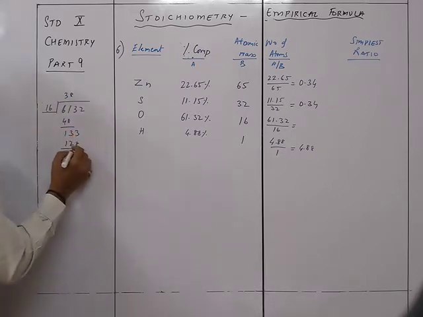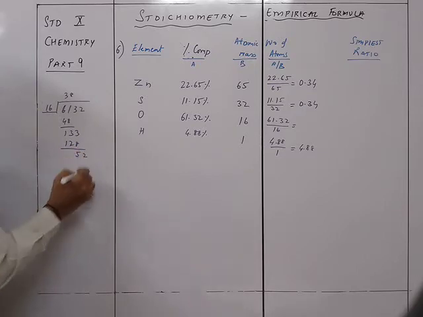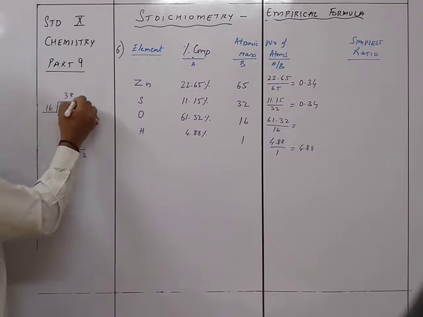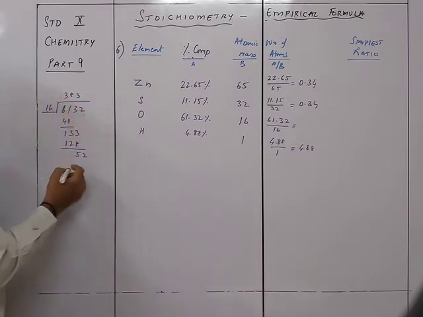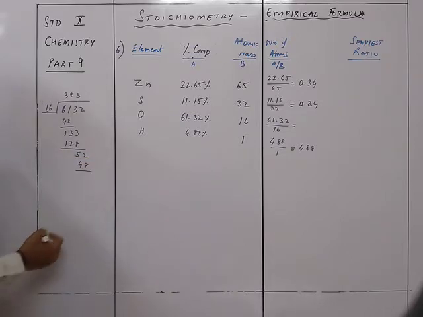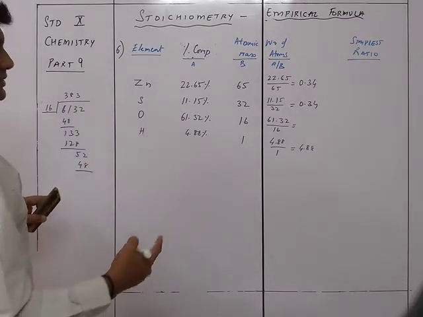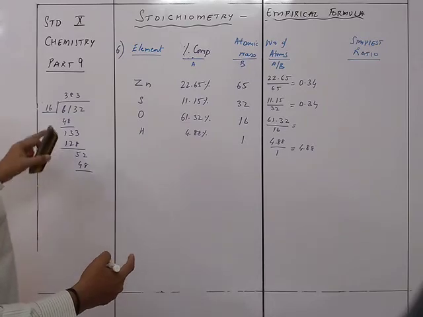Right, so this will give you 552, and 16 times 3 is 48. So now this is directly over here 3.83.